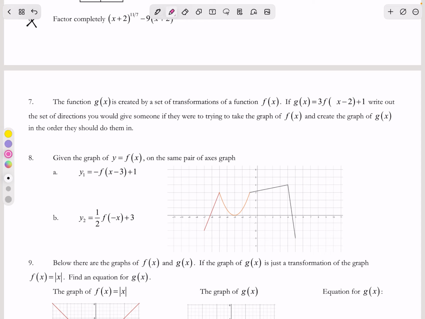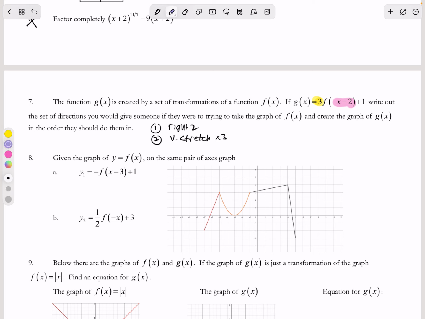Well, remember we start inside. So what does that tell us to do? Number 1, we have to move the graph to the right by 2. Then we work outside of the function but stay attached to the function by multiplication. And when we multiply a function by a number greater than 1, it's going to be a vertical stretch by a factor of 3.